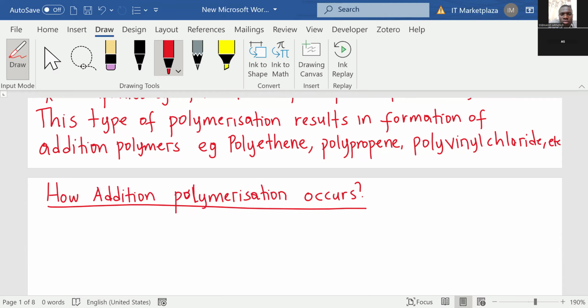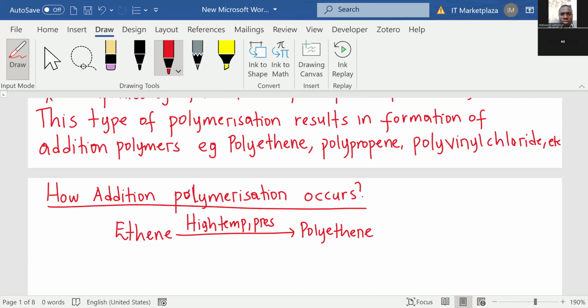Why? Normally at lower levels you looked at a case in point. This is what you were used to writing. Ethene combines to form polyethylene in the presence of high temperature and pressure.